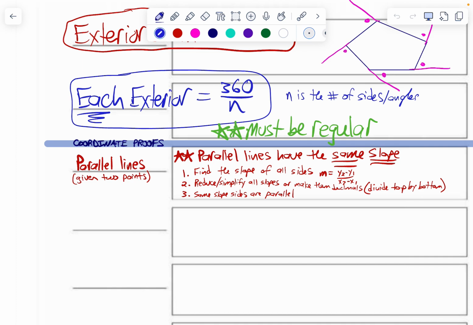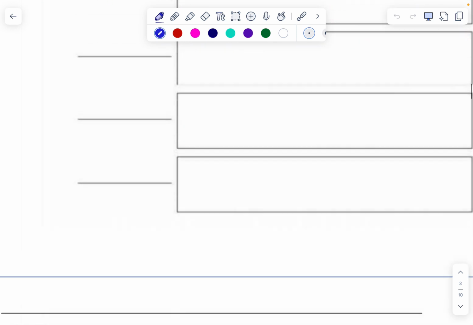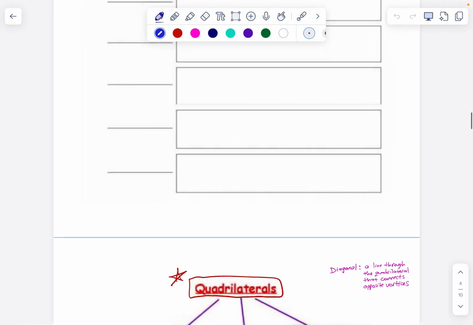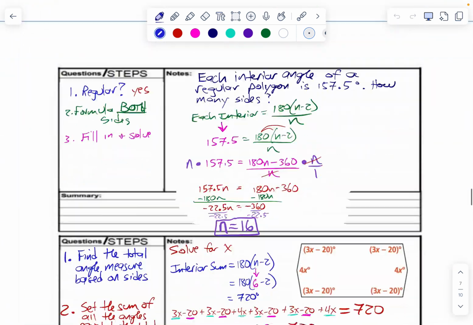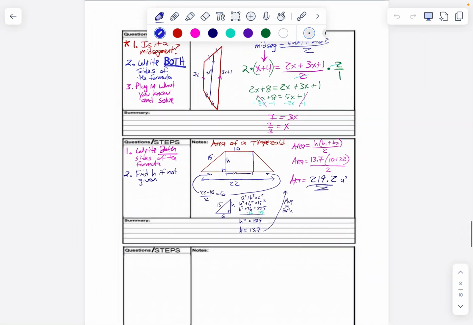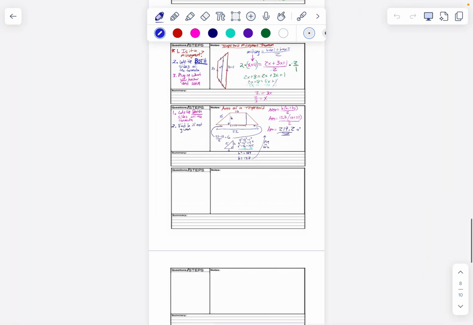In terms of writing equations, I'm curious what you remember about that from algebra. So let's put an example in your notes. And we have a good set of examples going already.